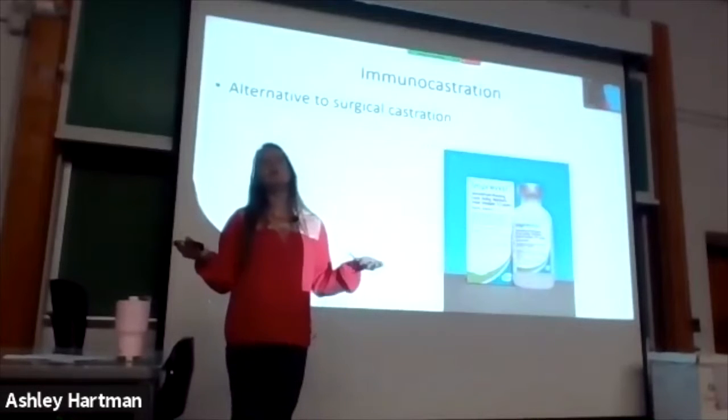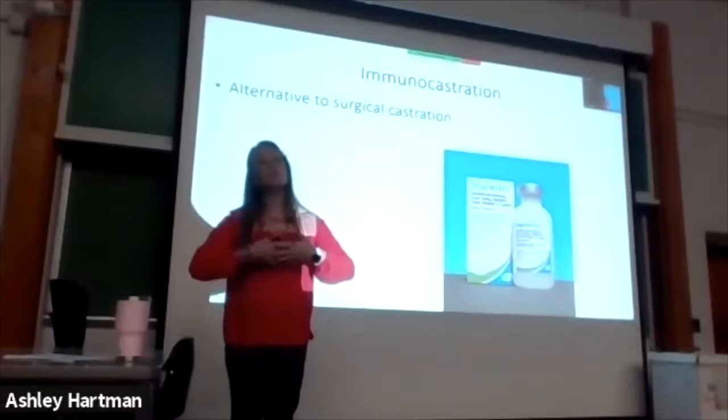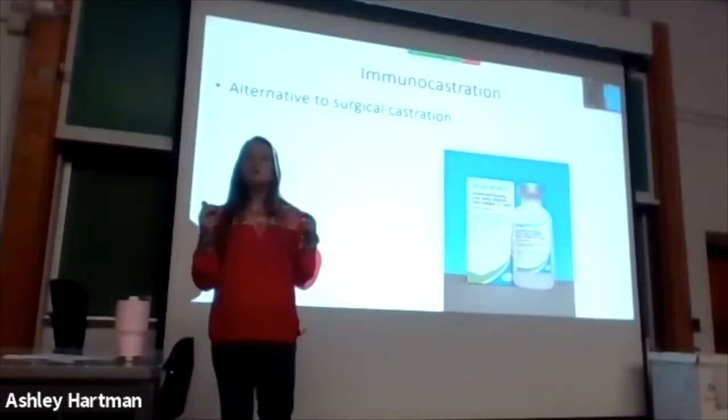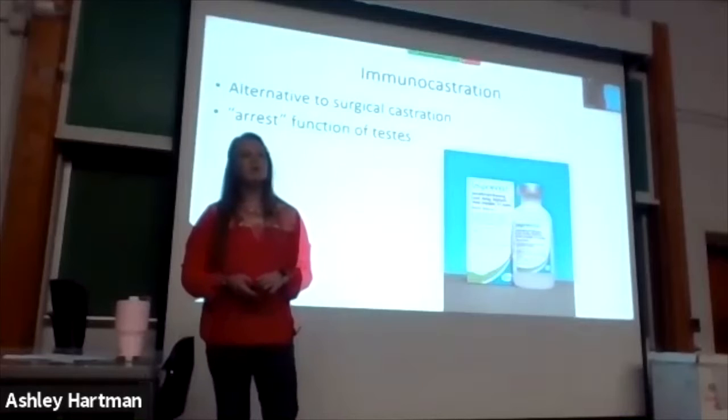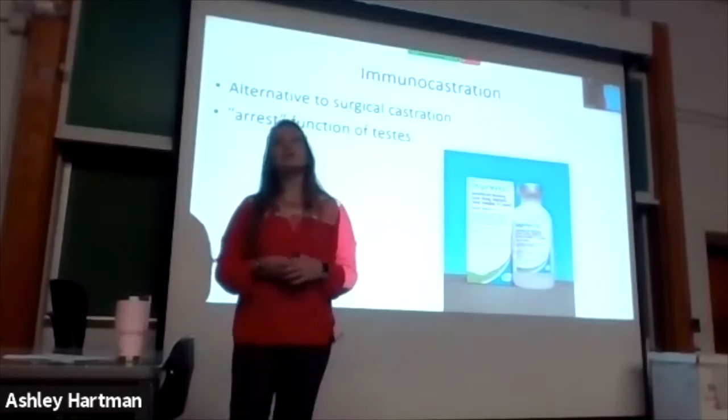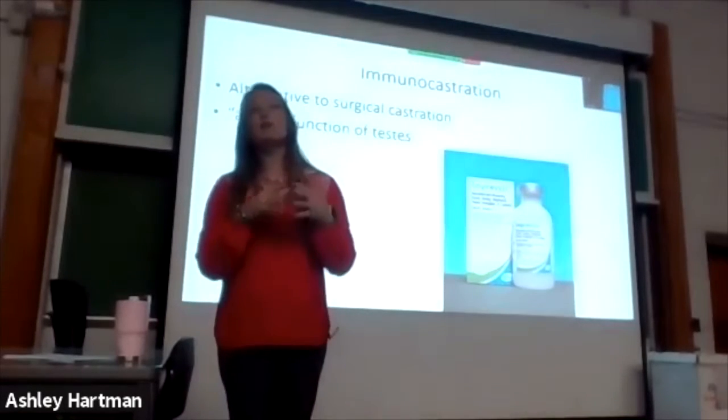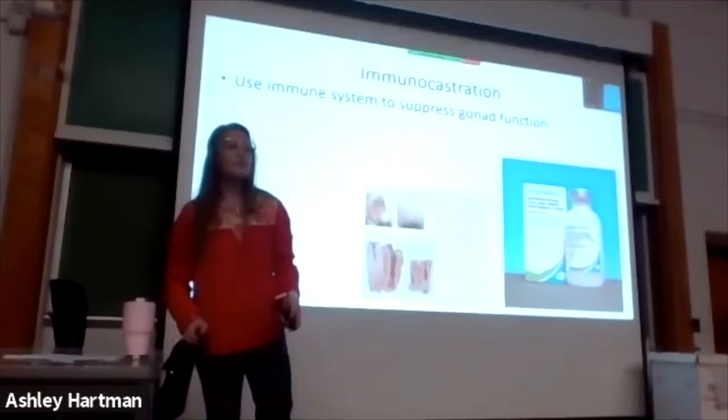Normally when we think of castration, it's the actual removal of testes from the body. This is a way that we can immunize the animal against some of these reproductive hormones to prevent cyclicity. Essentially it arrests the function of the testes, or shuts down the function of those testes.